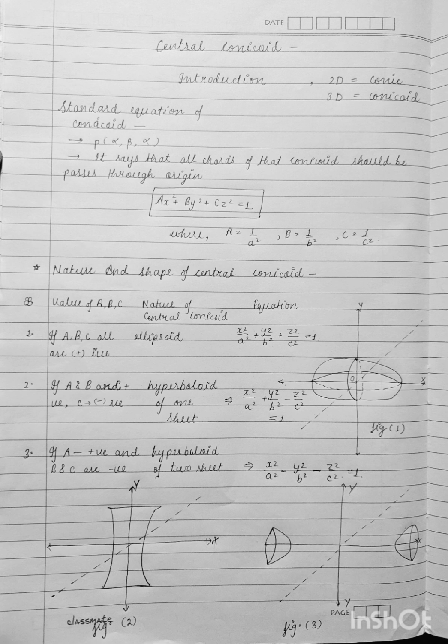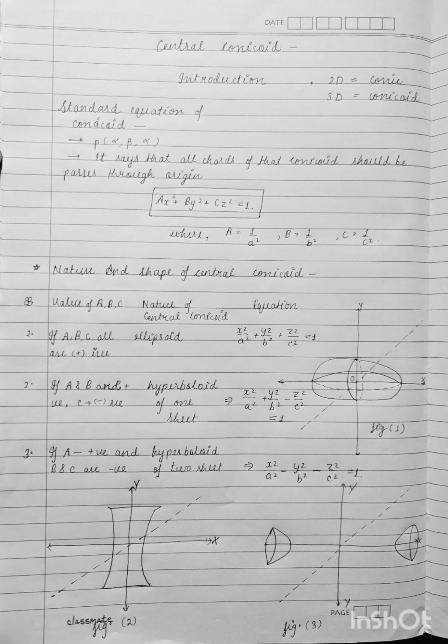Secondly, we discuss the second condition: if A, B are positive but C is negative. Here we see in the figure that it is the hyperboloid of one sheet, because it has two types: the hyperboloid of 2 sheets, and the hyperboloid of 1 sheet.